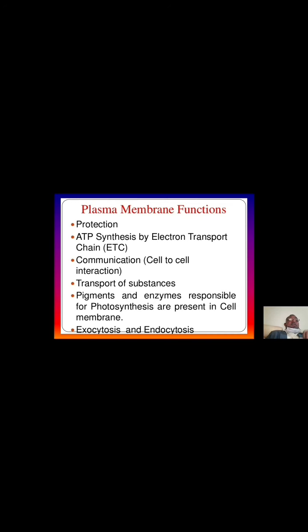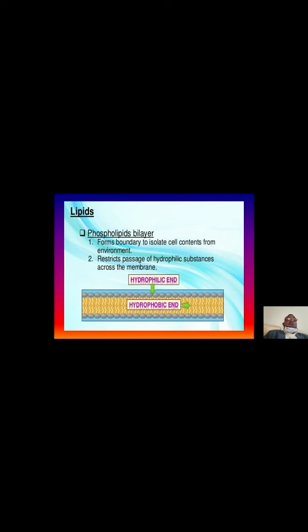It helps in communication, cell to cell interaction, and transport of substances. Pigments and enzymes responsible for photosynthesis are present in the cell membrane. Material coming into the cell is called endocytosis, and material going out of the cell is called exocytosis.